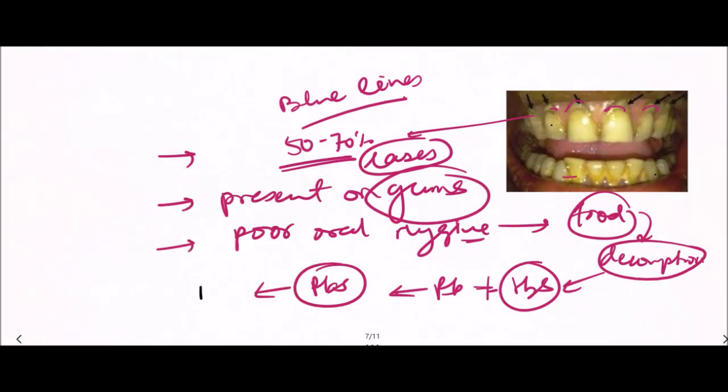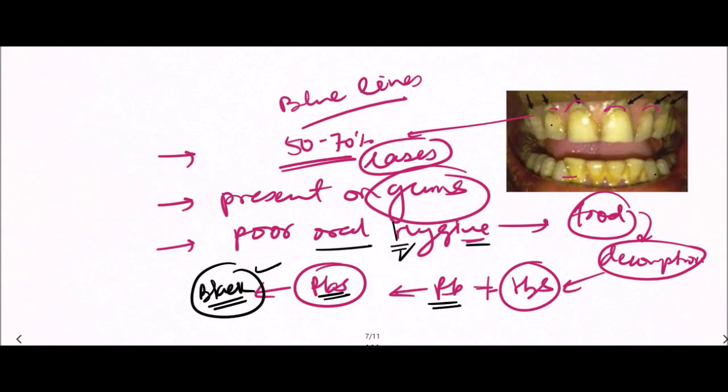So the main reason for these Burtonian lines is poor oral hygiene, and these are the bluish black lines associated with lead poisoning.